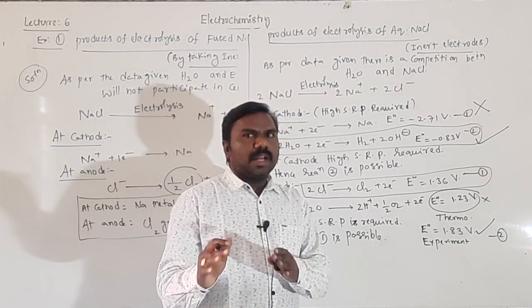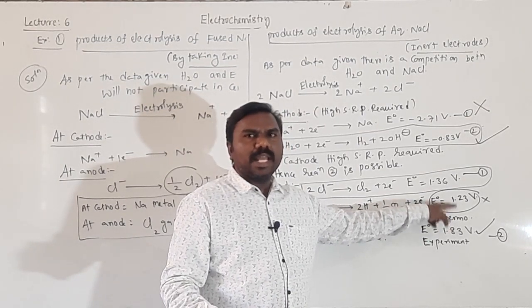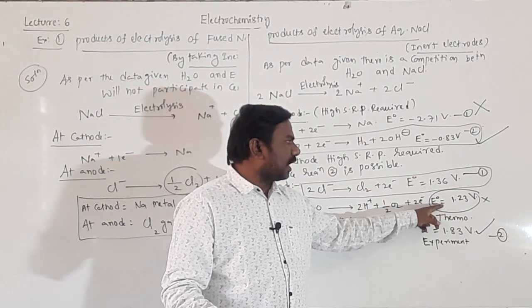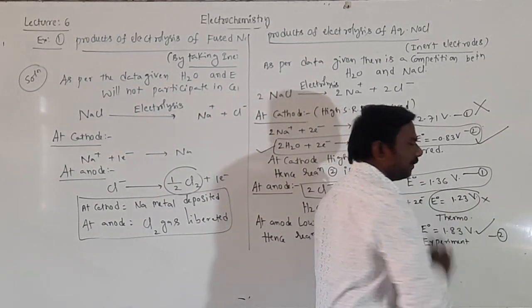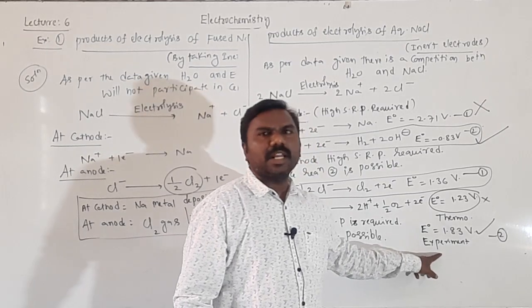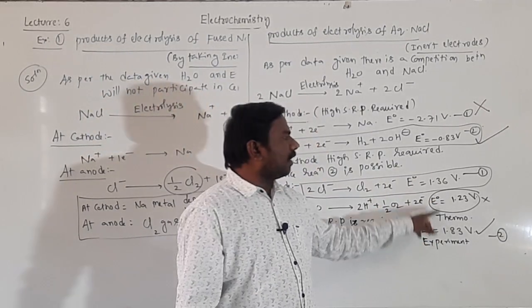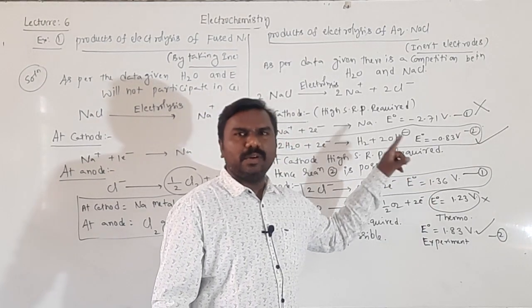Actually, the thermodynamically determined value is 1.23, and 1.23 is lower than 1.36, so the second one must actually be favorable. But you have to consider the experimentally determined value, 1.83. When compared with 1.83, 1.36 is lower.